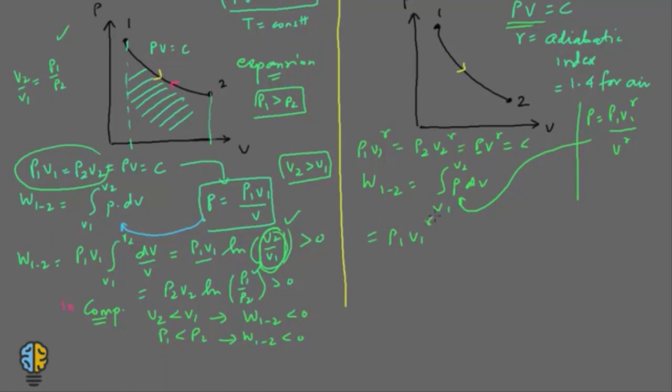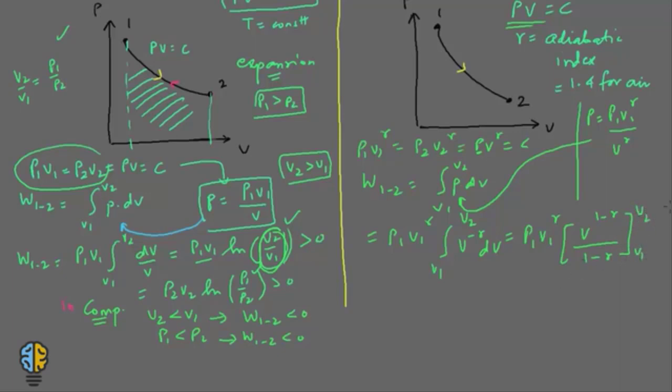So I would get P1 V1 to the power gamma into integral V1 to V2 of V to the power minus gamma dV. So this integral would leave us with P1 V1 to the power gamma into V to the power 1 minus gamma upon 1 minus gamma, evaluated from V1 to V2.